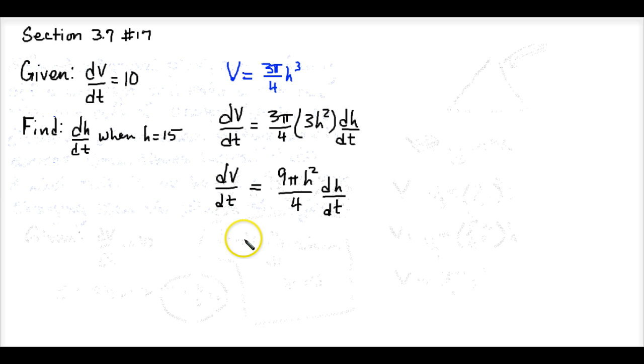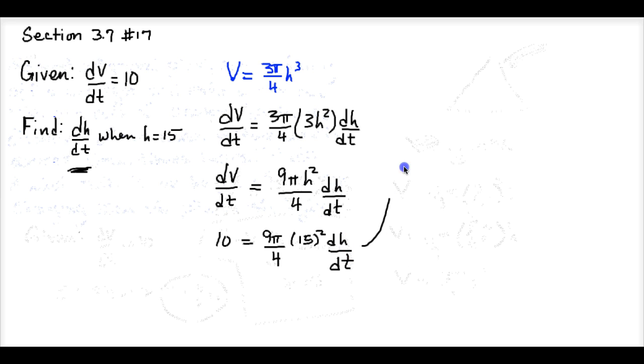So let's plug in what's given. dV over dt we know is equal to 10, so 10 is equal to 9 pi over 4, and they gave us h is 15, so this is times 15 squared, times dh over dt. And remember, we're supposed to find dh over dt.